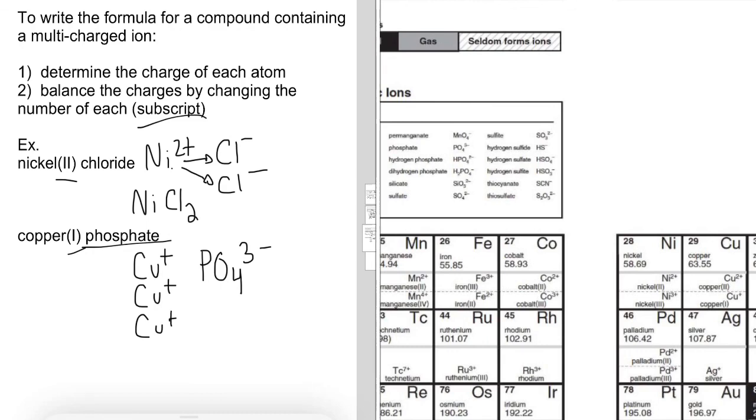Now we have 3 electrons being given up, or 3 positive ions, 1, 2, 3, and phosphate is gaining all 3 of those electrons. So we write our symbol Cu, we have 3 of them, and then just a single phosphate, PO4. Not too bad, a little bit quicker than writing the name.